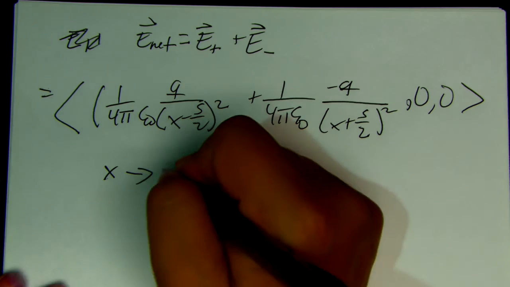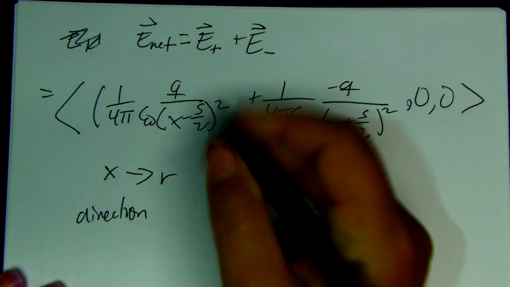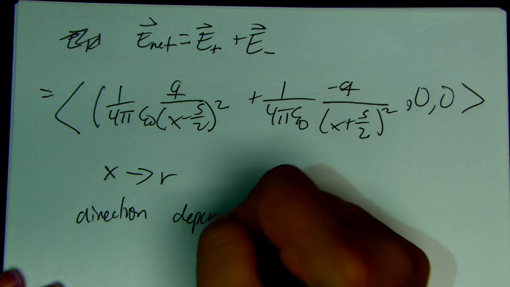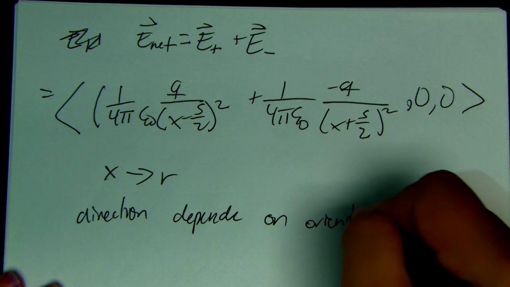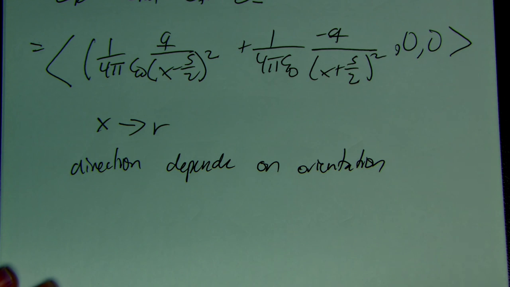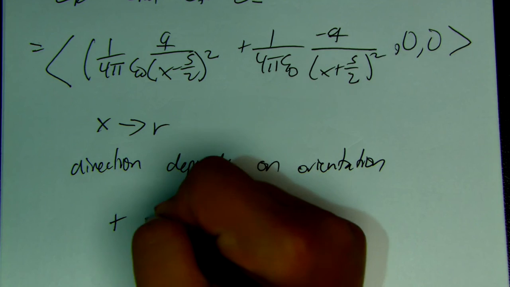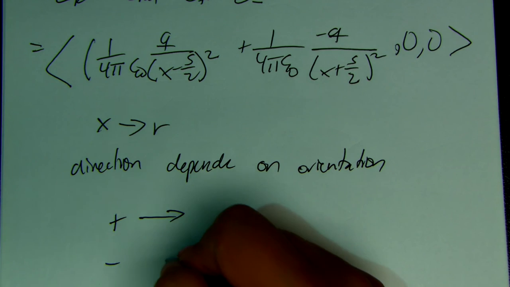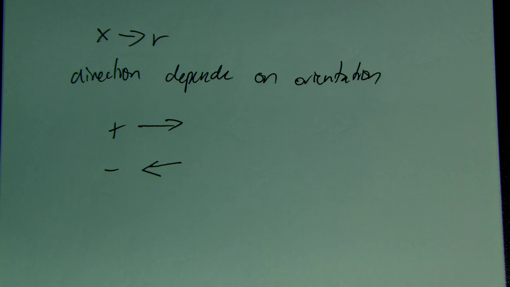So x is going to go to r, and the direction depends on orientation. So this is on axis, so we can calculate the magnitude, and then we know if it's going to be in the positive or negative direction, depending on whether or not you're closer to the positive or negative end. If you're closer to the positive end, it's going to point away. If you're closer to the negative end, it's going to point towards the dipole.